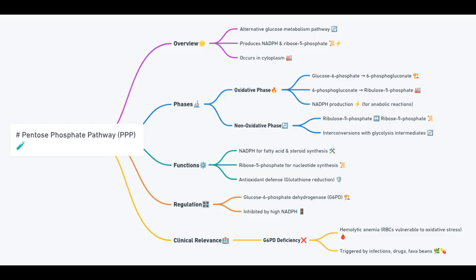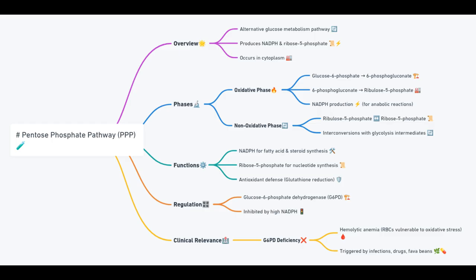Remember that transketolase requires TPP, thiamine pyrophosphate, the coenzyme form of thiamine, also known as vitamin B1, and transfers two-carbon units from a ketose to an aldose. So the result of the non-oxidative pathway is the synthesis of ribose 5-phosphate and the glycolytic intermediates glyceraldehyde 3-phosphate and fructose 6-phosphate.